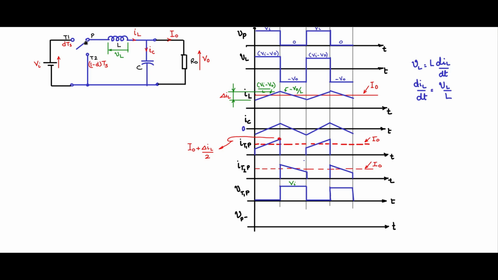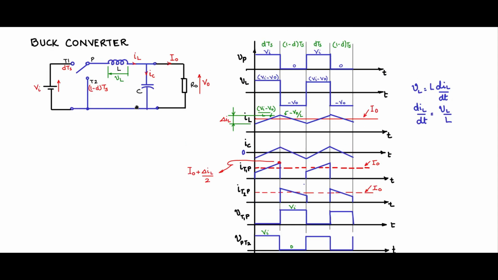During the time when T1 is connected to P, P is at a positive potential compared to T2, because T2 is always at ground. Therefore, P being more positive, I am putting it as VPT2. Voltage is from P to T2. So it is supposed to withstand VI here, 0, VI and 0 in this fashion. These are the important waveforms that you should obtain even on an oscilloscope when you use the buck converter circuit.